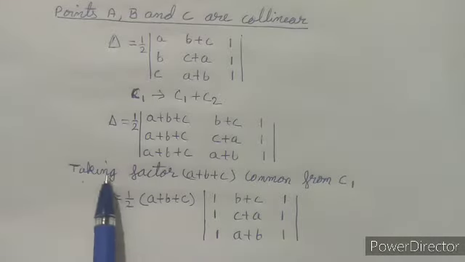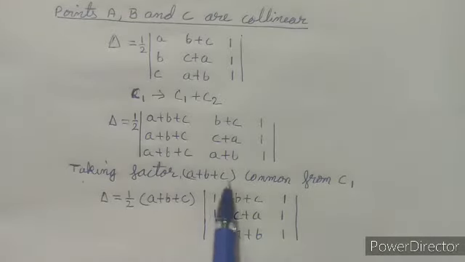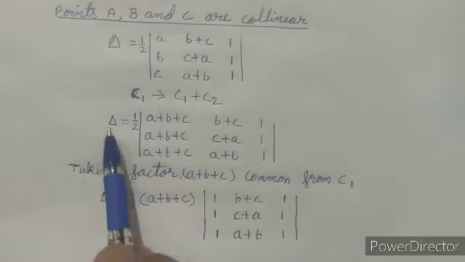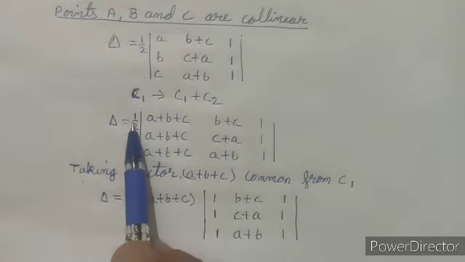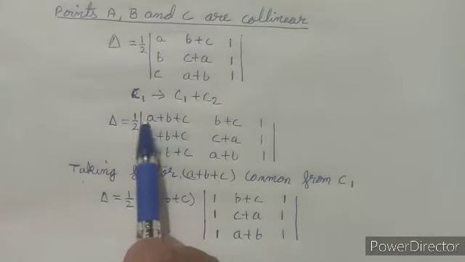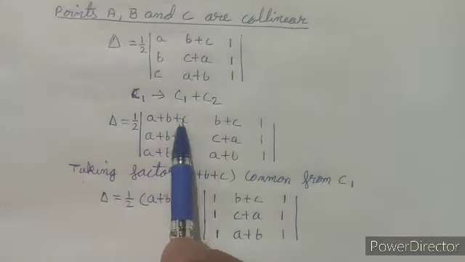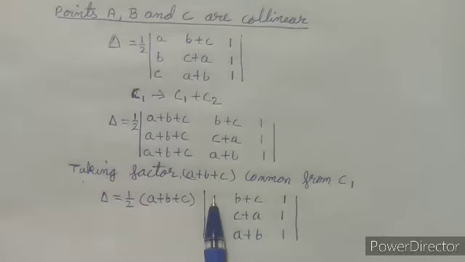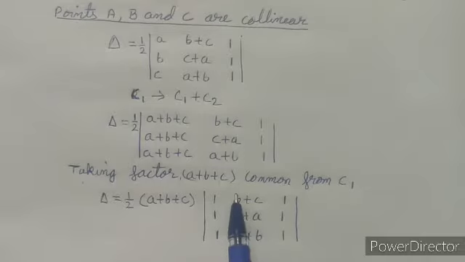Now on taking A plus B plus C common from column 1, delta will be equal to half into A plus B plus C. Now column 1 we have taken A plus B plus C as common, so all the elements of column 1 will be equal to 1, and column 2 and 3 will remain unchanged.